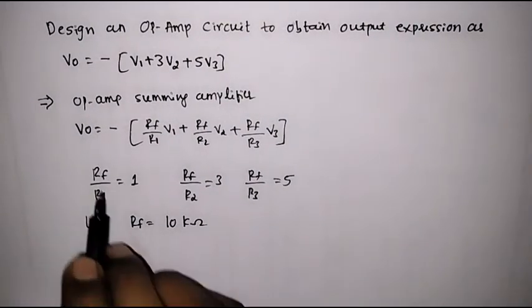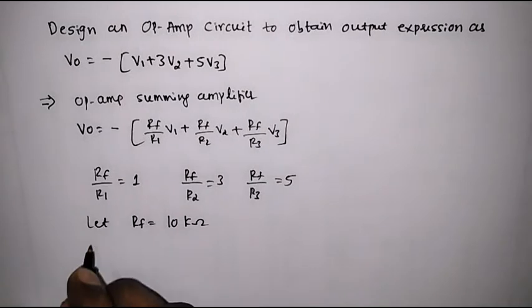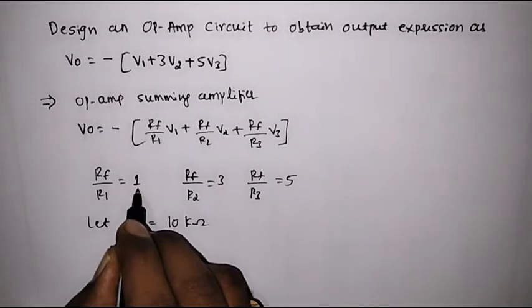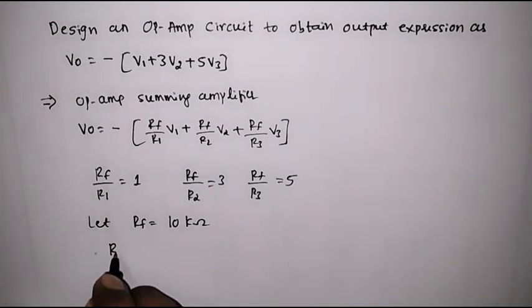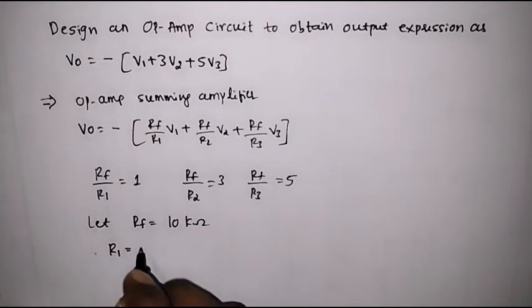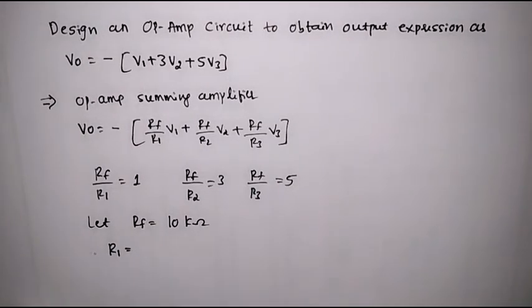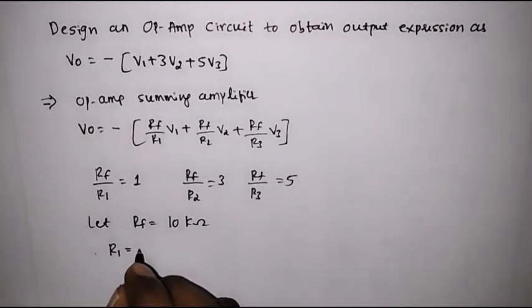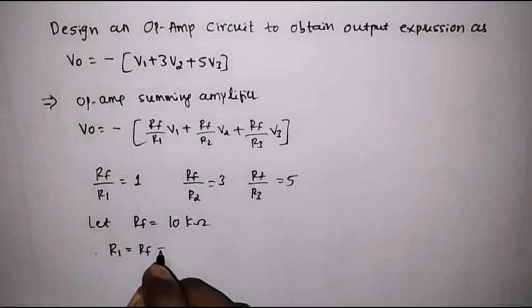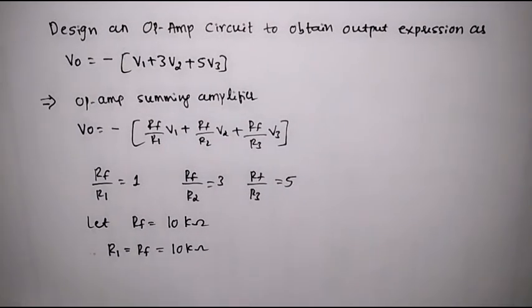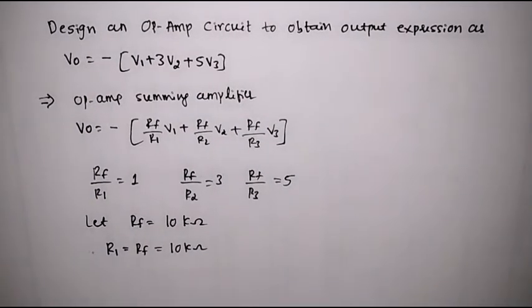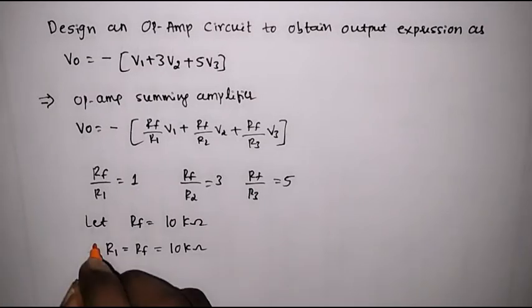So if RF is 10 kilo ohm, then here I can write RF by R1 is equal to 1. Therefore, R1 is equal to RF, which is equal to 10 kilo ohm. So now we found the value of R1, which is 10 kilo ohm.